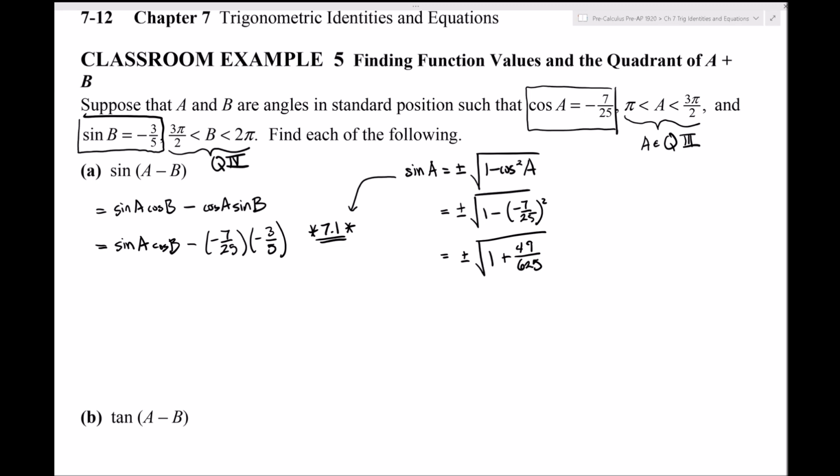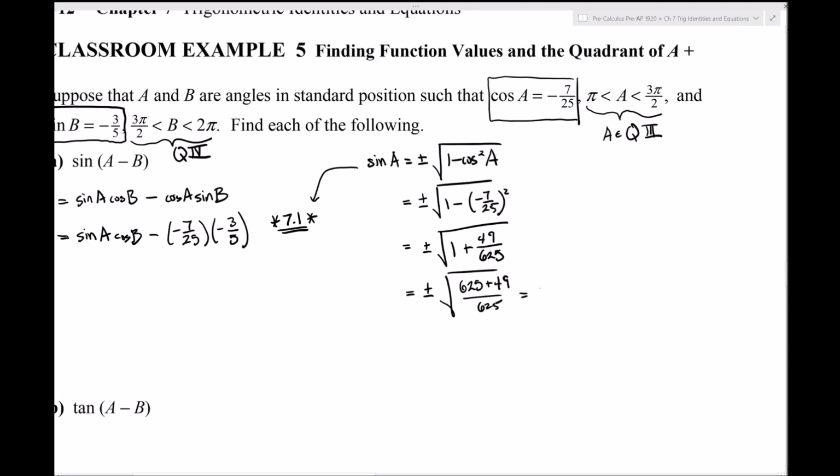1 plus that. We're combining two fractional expressions. You think of the 1 as 625 over 625. So 625 plus 49 over 625. What is 625 plus 49? Oh no, is that plus or is it minus?